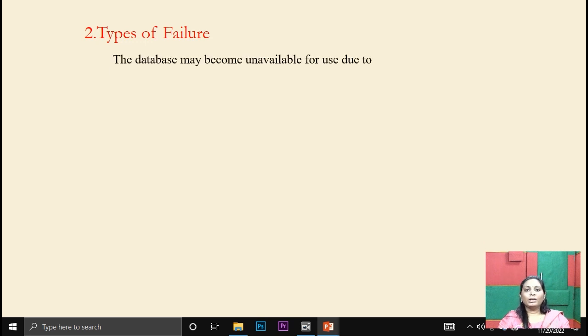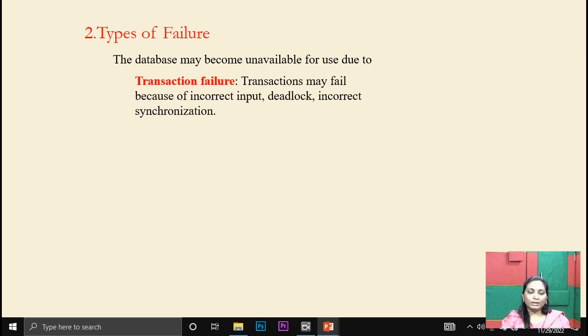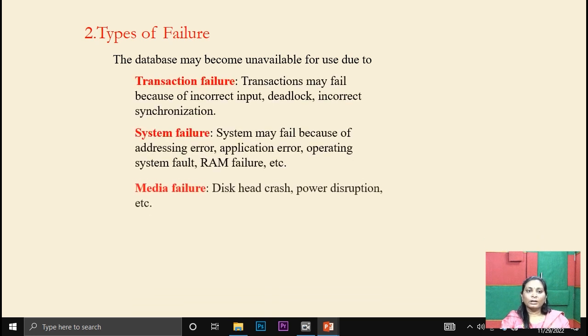Second, types of failures. The database may become unavailable for use due to three types of failures. First is transaction failure, second is system failure, and third is media failure. Transaction failure: a transaction means we read data or write data, for example withdrawing or depositing money. Read means only reading the data.